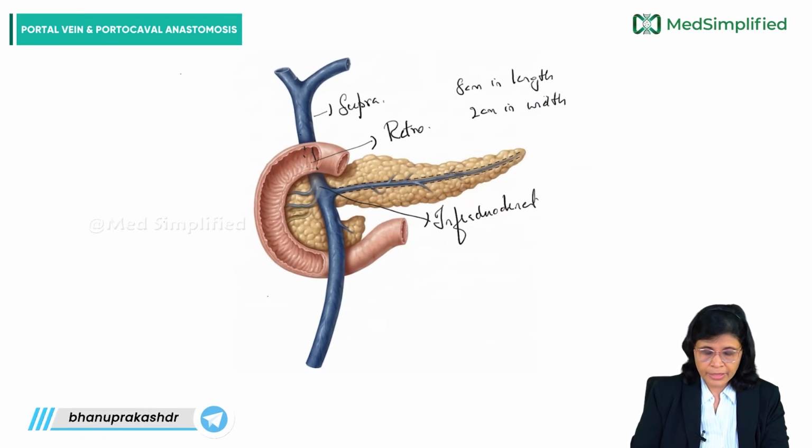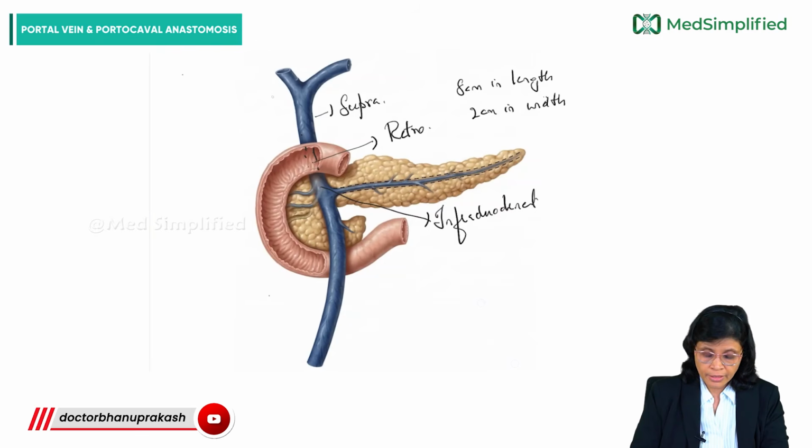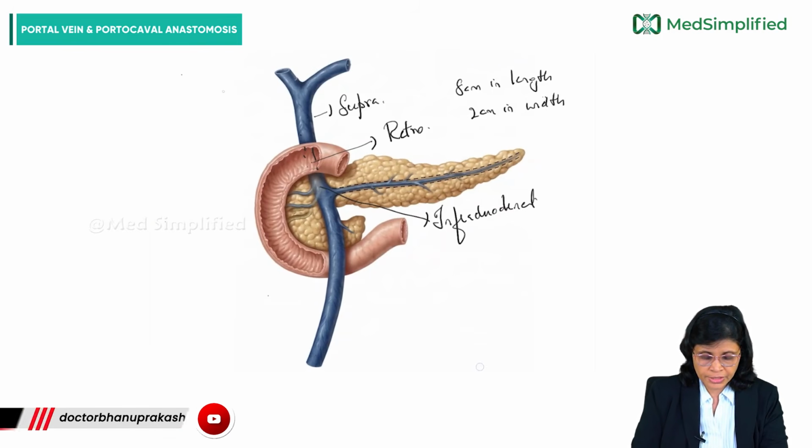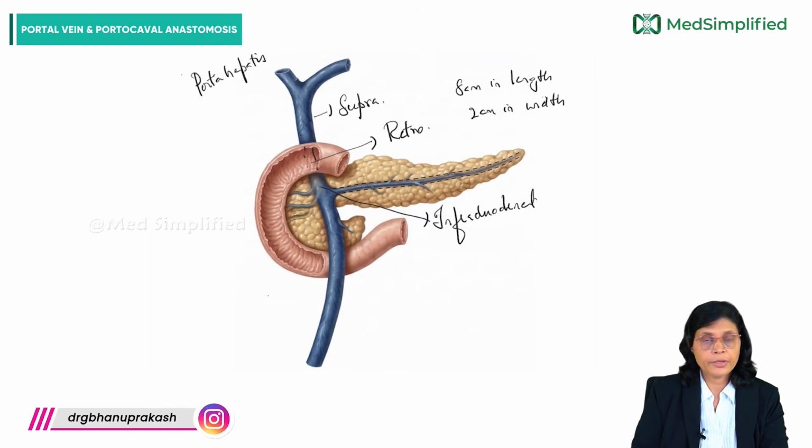After the supraduodenal portion, it enters the right free margin of the epiploic foramen and reaches the porta hepatis. Where it reaches the porta hepatis, it will divide into the right and left portal veins, the right and left branches.